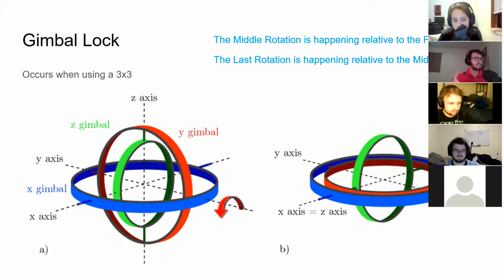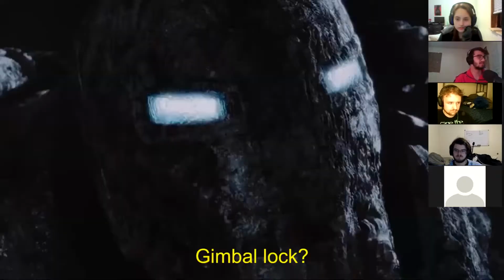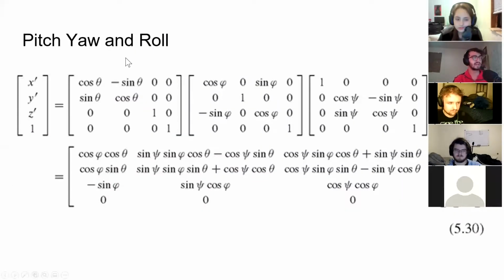And so if you were to rotate the first gimbal, and so now it's aligned with another one, those would be rotating on the same axes. And so if I do this first rotation and now the gimbals are locked, this variable here and this variable here are doing exactly the same thing, and I've lost a degree of freedom.